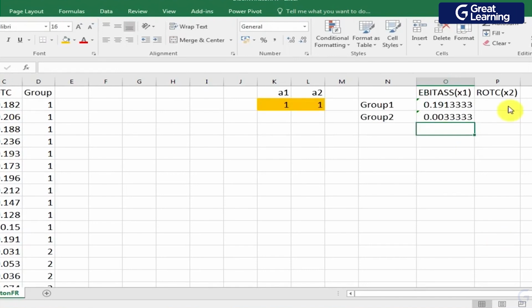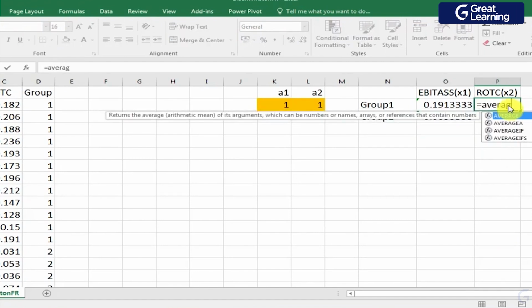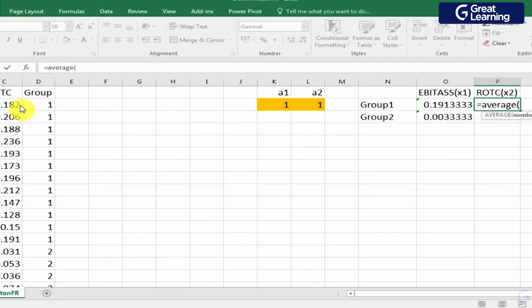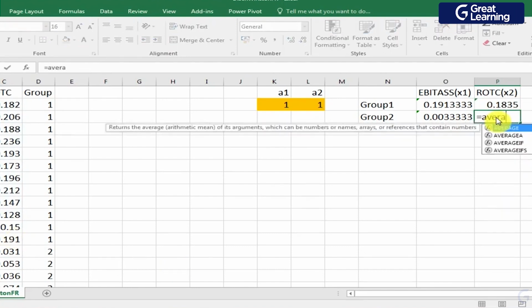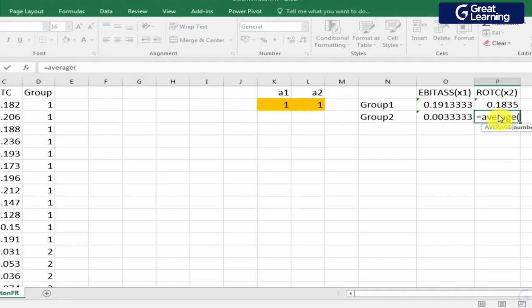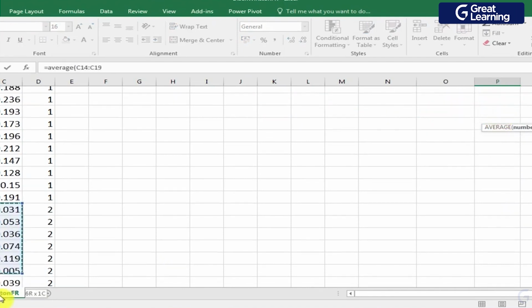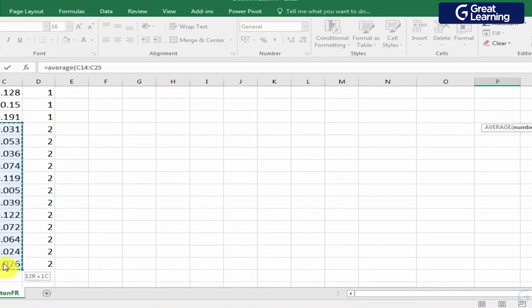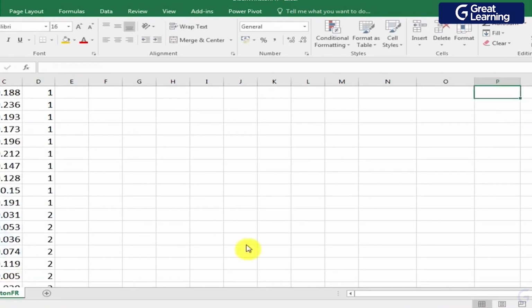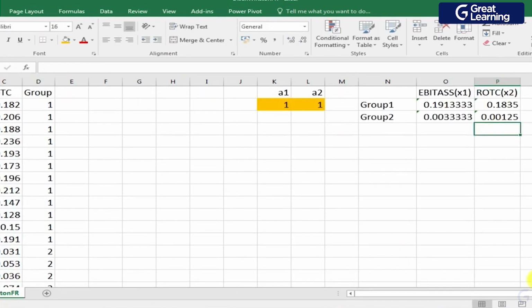This is coming. Now let us do the ROTC also like that, is equal to average ROTC, is equal to average. Now I put here difference here.